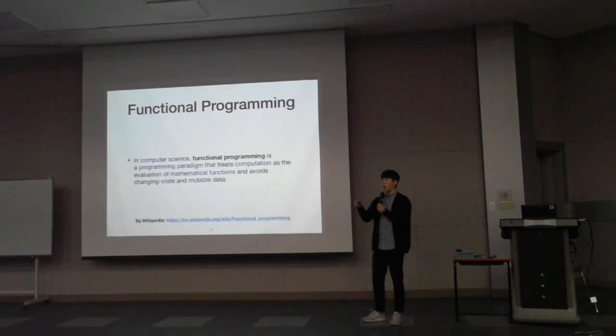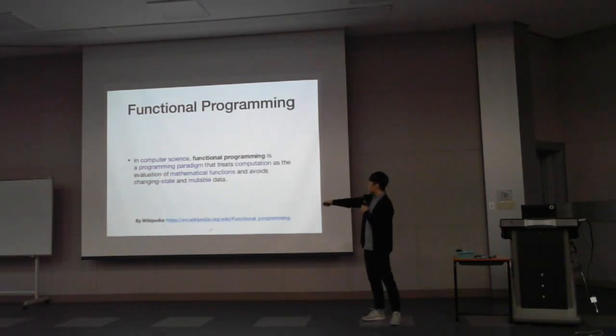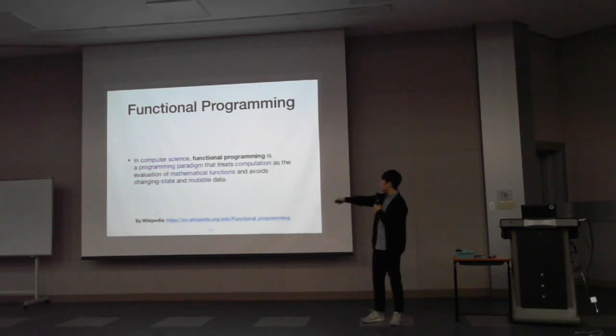It means they always give the same result when we put in the same argument. But when the state is changing, that is, when we use mutable data, it does not give the same result even though we put in the same argument.